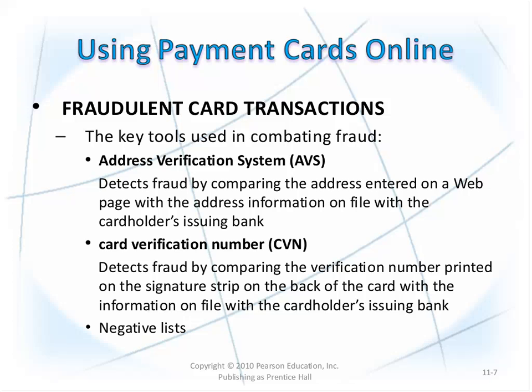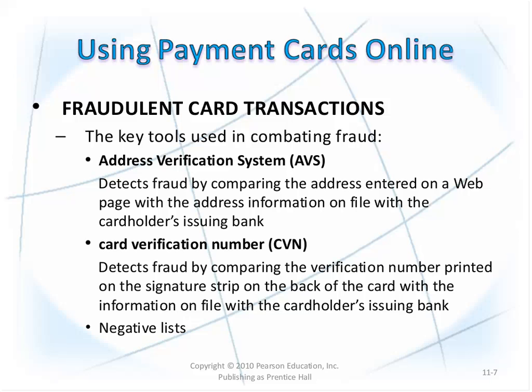So by comparing the address, it tries to find the fraudulent activity, tries to find whether this card is okay, it's for the people who are using it, or no, it's a fraudulent activity and someone, for example, stole this card and tries to use it.